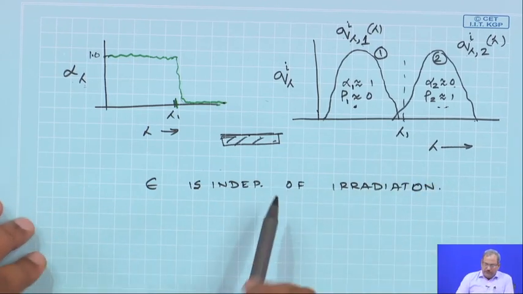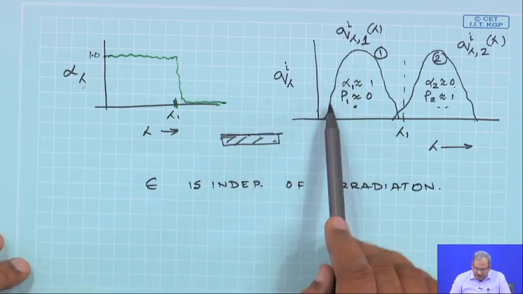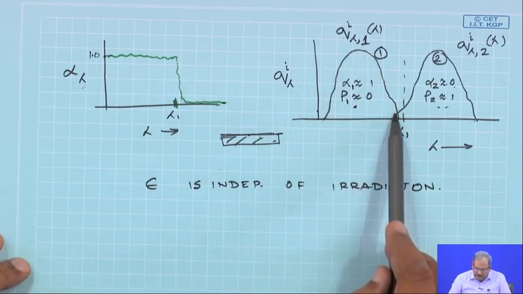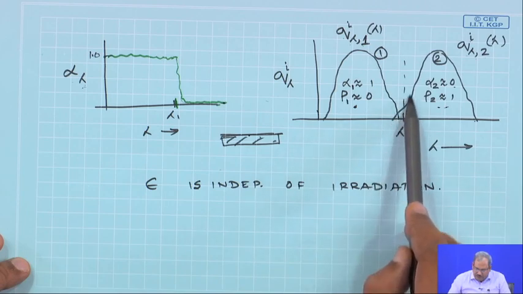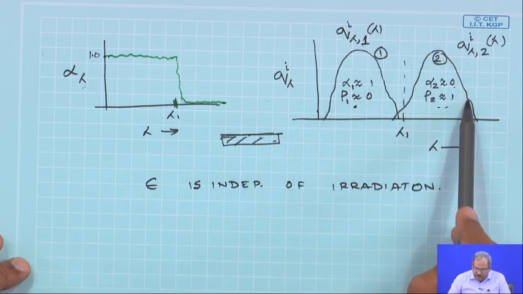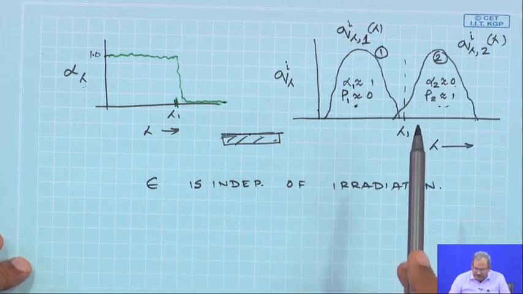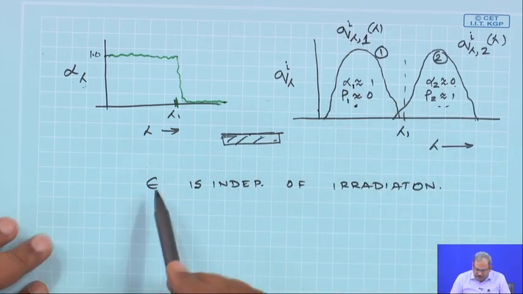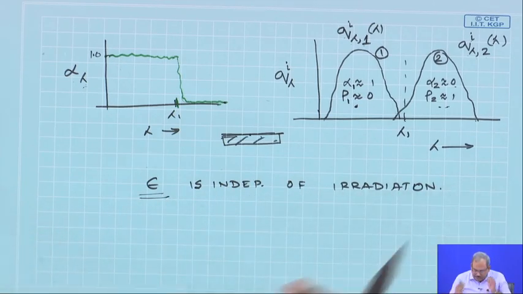So, the value of alpha when you calculate it based on irradiation like this, and when you calculate it based on irradiation like this, these two are drastically different. On the other hand, the value of epsilon is independent of irradiation.